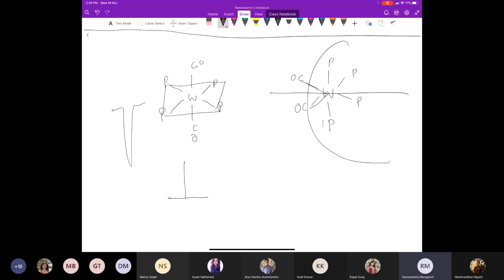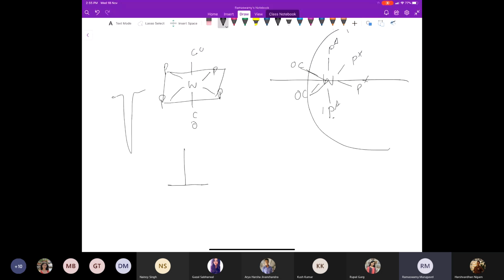You can do IR. NMR, if you come, these two are A type, and these are B type or X type, whatever you write, no problem. Now these two will give rise to a triplet, and these two will give rise to a triplet. You'll have 2 triplets of 1:1 intensity.